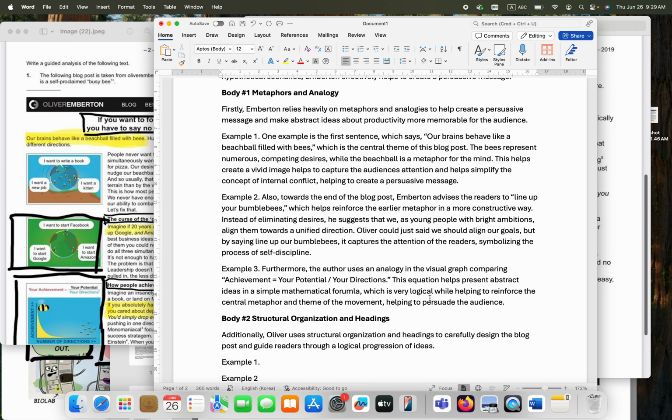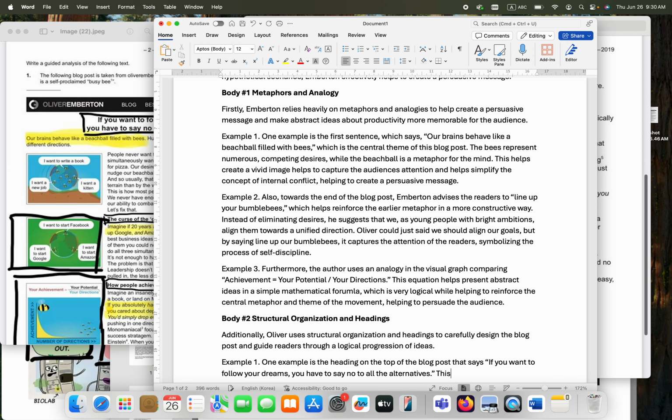So we can just say, one example is the heading on the top of the blog post that says, if you want to follow your dreams, you have to say no to all the alternatives.